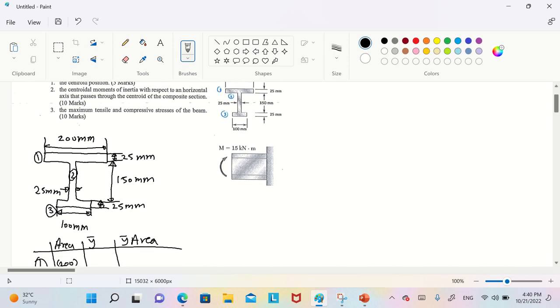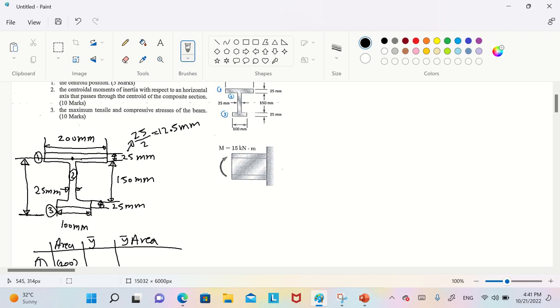The y bar is to the center of the first one from the ground. So the half of the first one is the half of 25. So 25 divided by 2 is 12.5 millimeter.